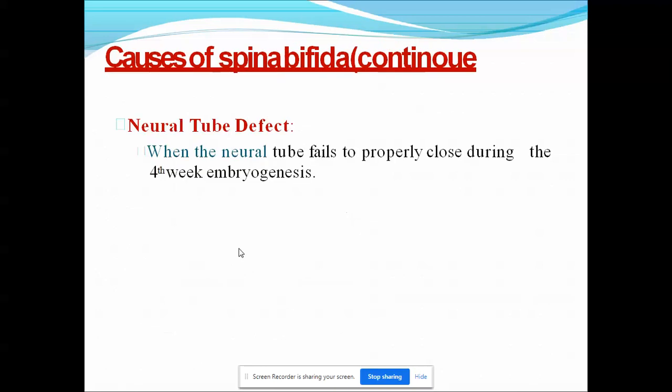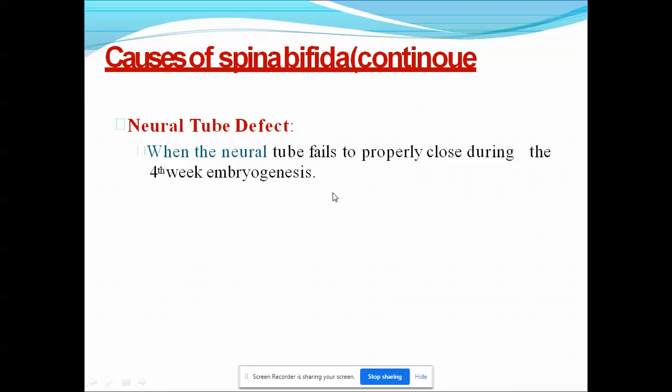So now the cause: it is a neural tube defect, when the neural tube fails to properly close during the 4th week of embryogenesis. So when the conception has taken place inside the uterus, and the parts of the neural tube are forming inside the uterus, then by the 4th week, if the neural tube is not developing properly, the embryogenesis process will not take place properly, and it will result in spina bifida, that is the disease.